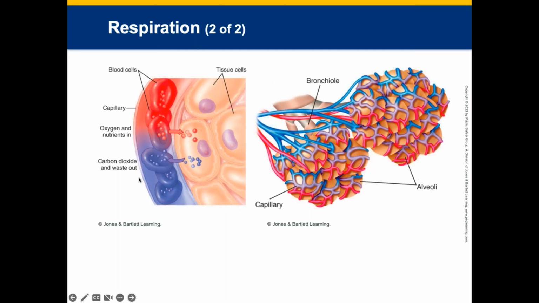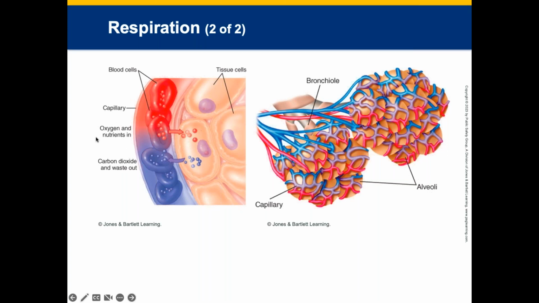So the figures you see here show the exchange of oxygen and carbon dioxide during respiration. Oxygen passes from the blood through the capillaries into the tissue cell, as you're seeing here. These are red blood cells, and these are the capillaries here. Oxygen and nutrients pass through into the tissue cells.